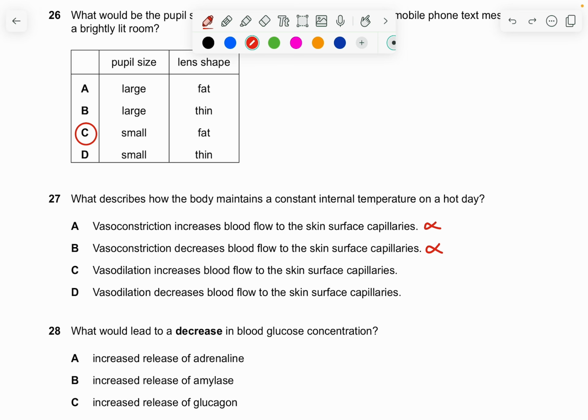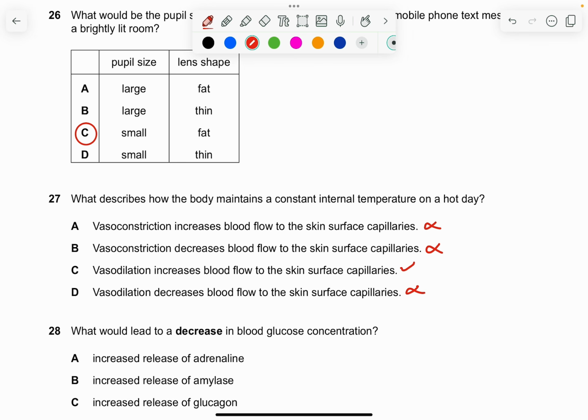With vasodilation, you are dilating, meaning you open up wider. Okay, so it increases blood flow to the skin surface capillaries. This one's correct. When you vasodilate, of course, the diameter of the vessel becomes larger. So when it becomes larger, more blood is able to flow inside.